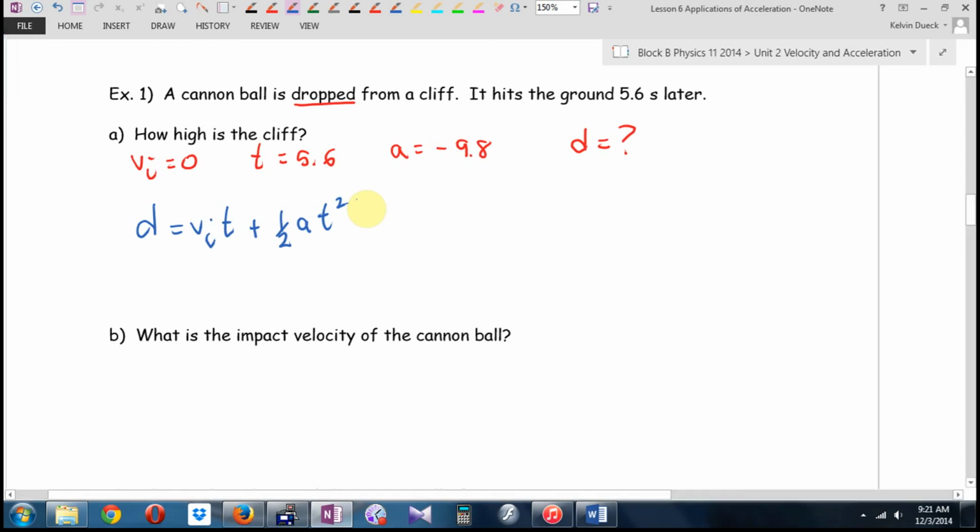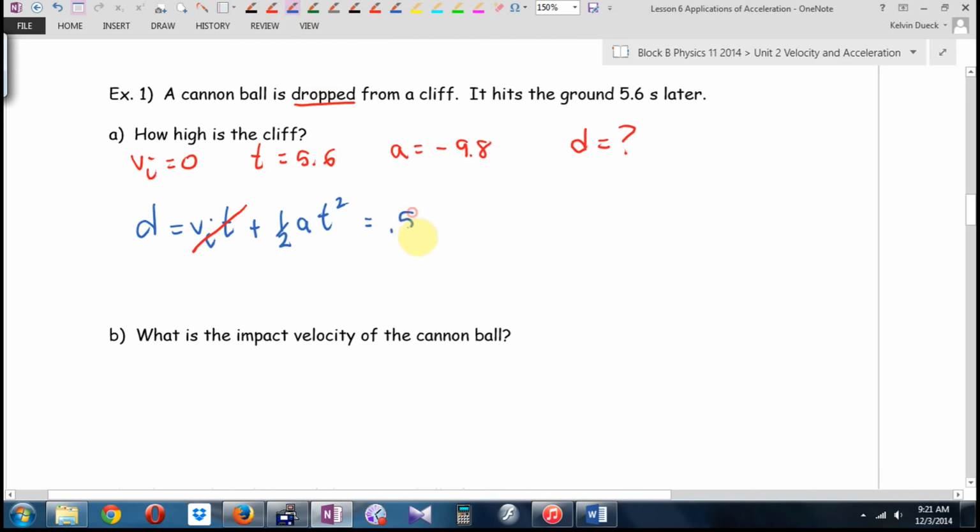That's convenient. Why can I do that? vi is 0. So what's vi times t? What's 0 times 10? 0. What's 0 times a million? 0. What's 0 times t? 0. Cancels. Okay. How high is this cliff?